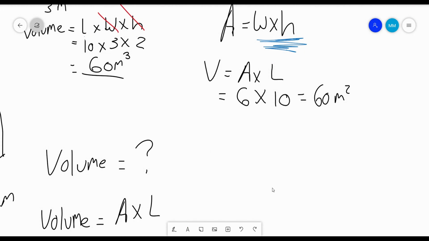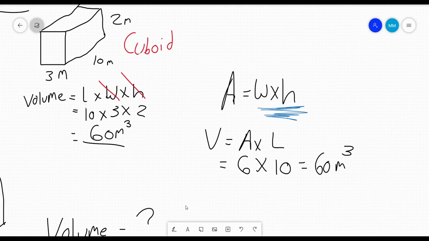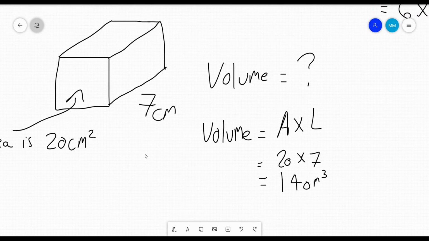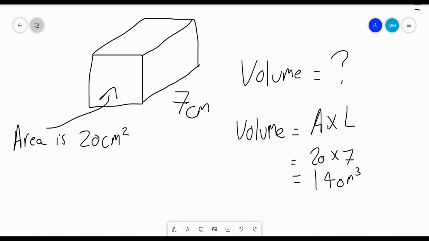Let me just double check for the right. Whoops, that should be a 3 there. Apologies. That's better. Let me just double check I did everything else. Yeah. So volume on this cuboid here equals A times L, which is 20 times 7, 140 meters cubed.